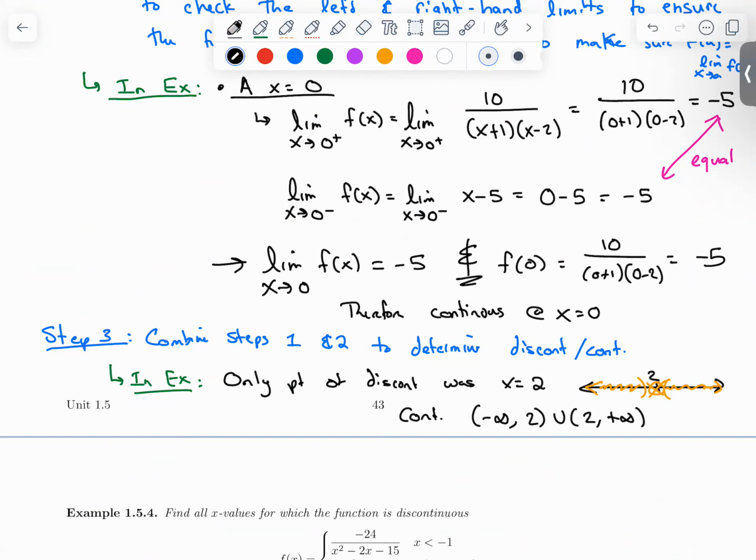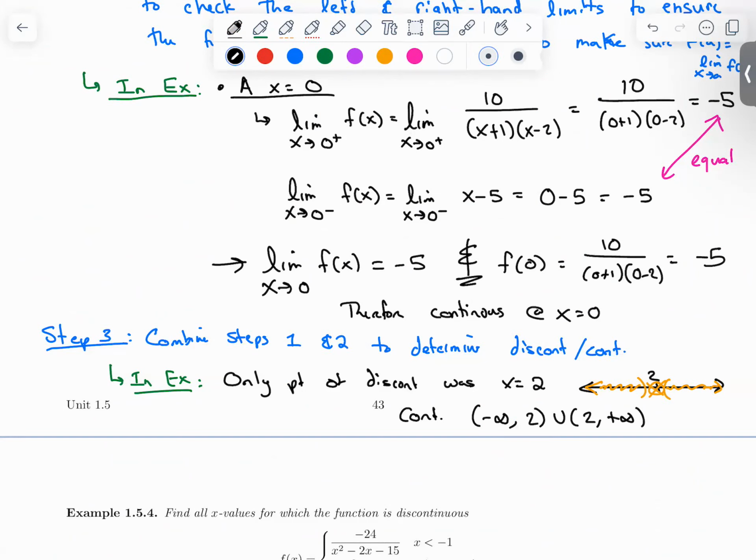That's a long problem, but a very involved and good problem. And yes, you could memorize the process, but I'd rather you understand the intuition.